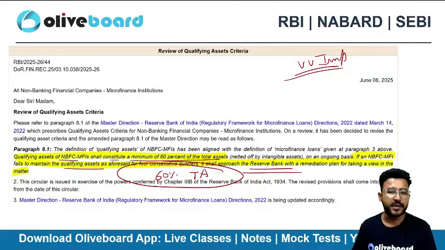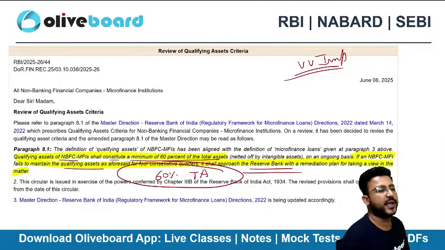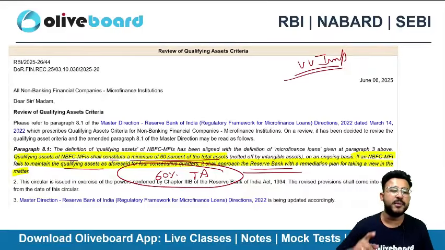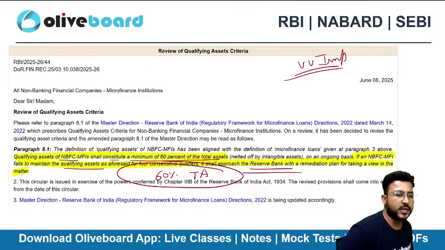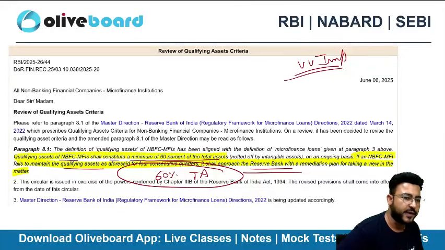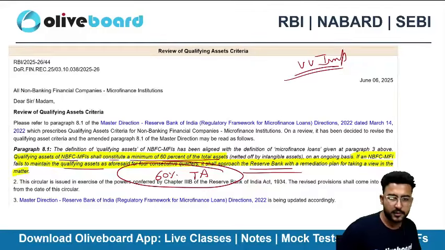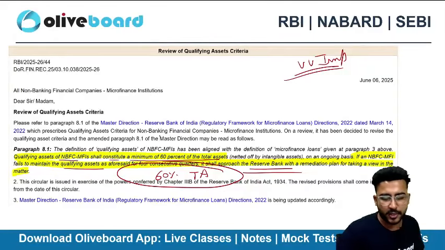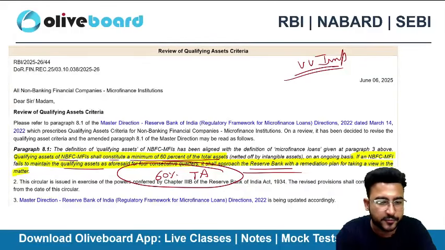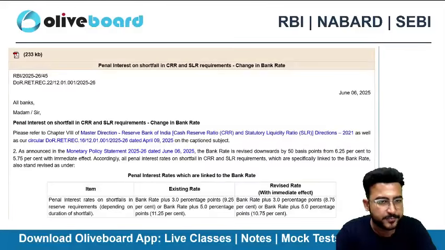That is the bare minimum you need to keep. Whatever total assets you have, at least 60% must be qualifying assets. Please remember this limit, 60% of the total assets.